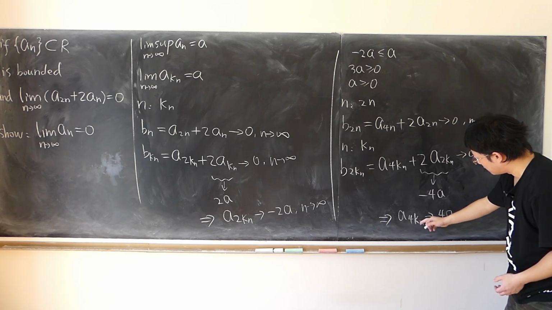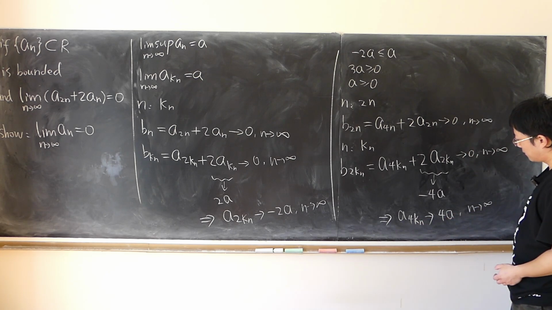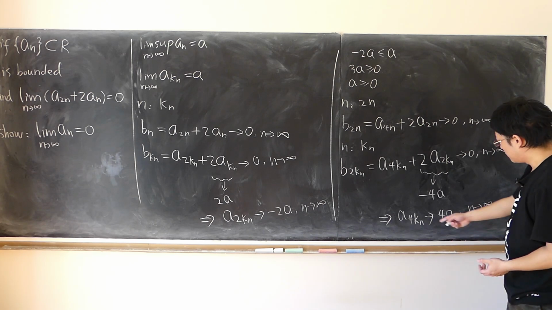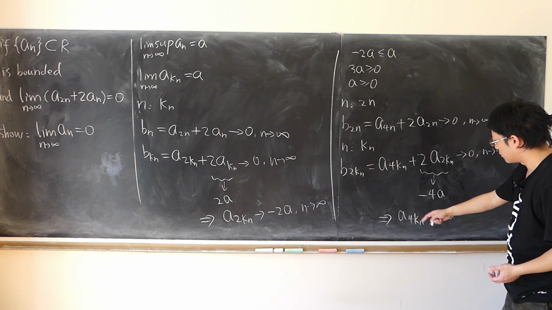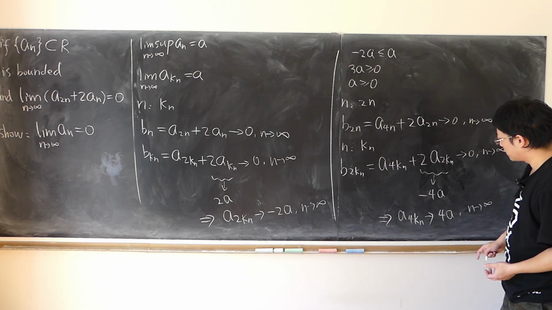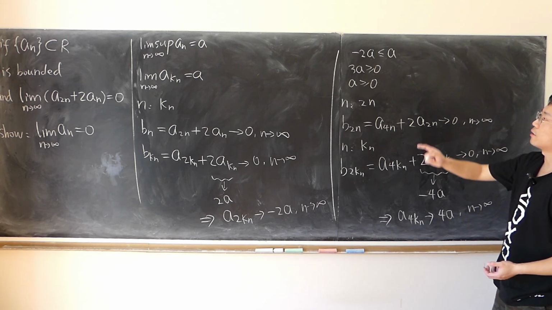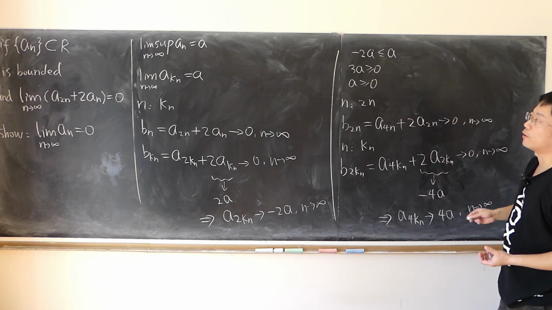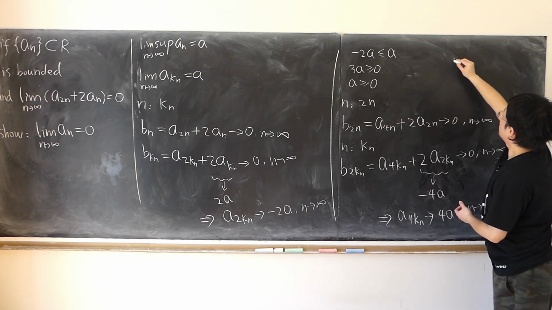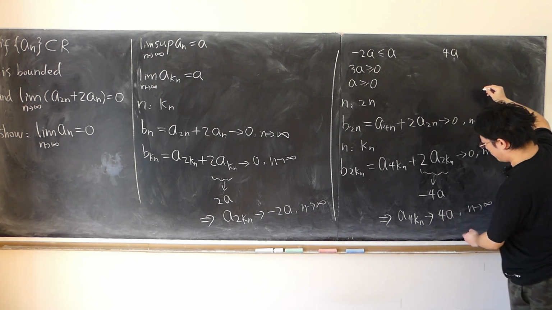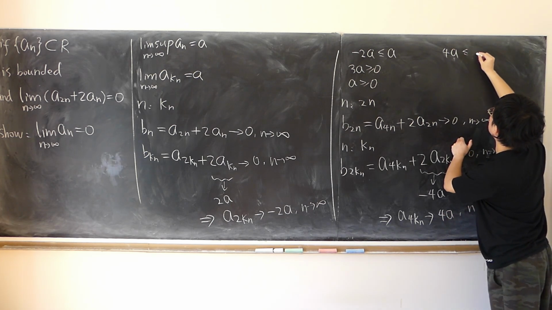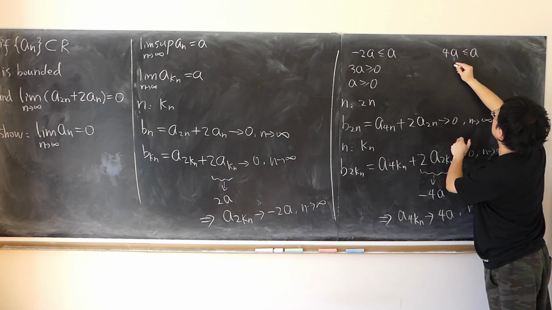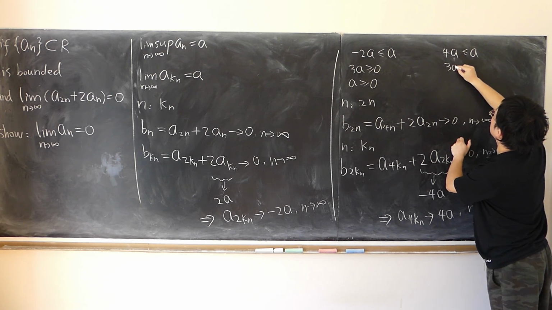This is just some random subscript. Like I said, again, some subsequence, that's its limit point. So limit point is no larger than that lim sup, which is the supremum of all the limit points. So again, 4A no larger than A. So 3A no larger than 0.